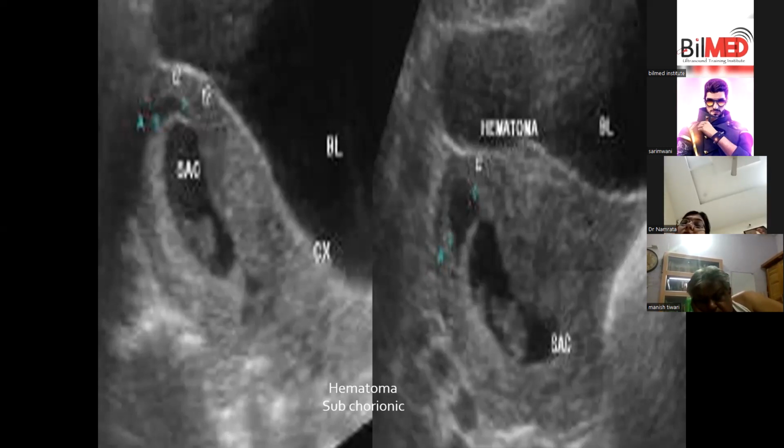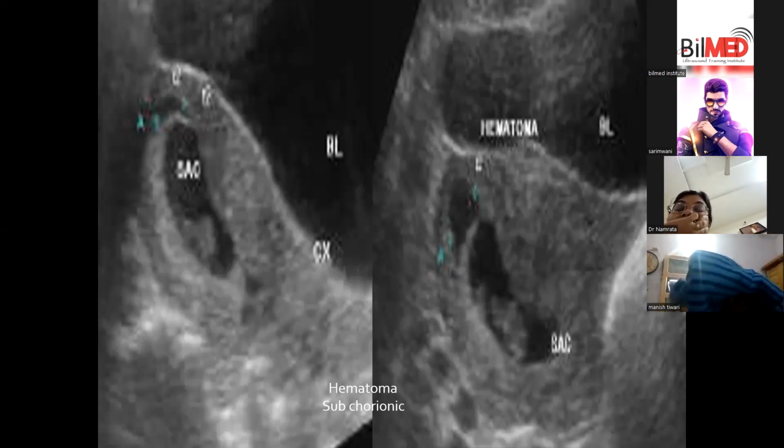So not only you have to give the volumes, but the location also. So again, repeating, C for the chorion frondosum, and if the hematoma is at the level of the placental site, that is more dangerous. See to the camera. That is more dangerous than if it is away from the placental site.